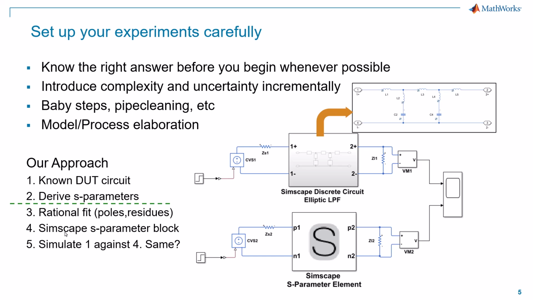Then I'm going to instantiate this S-parameter block that's part of Simscape Electrical in Simulink, and that rational fit object will be the input to that block. And then I'll simulate the original circuit, in this case this low-pass filter, against the S-parameter implementation of it. See how close they are.